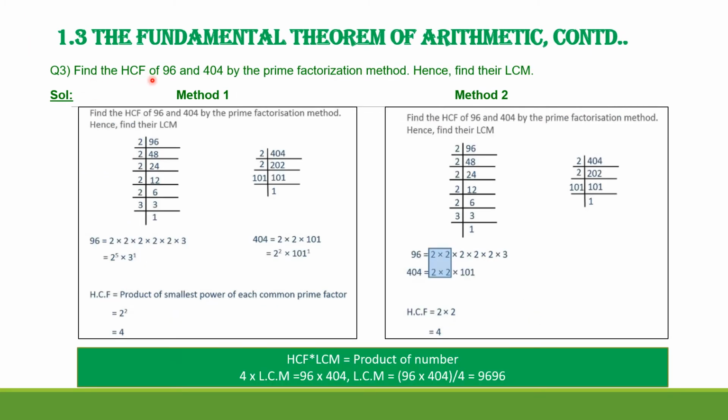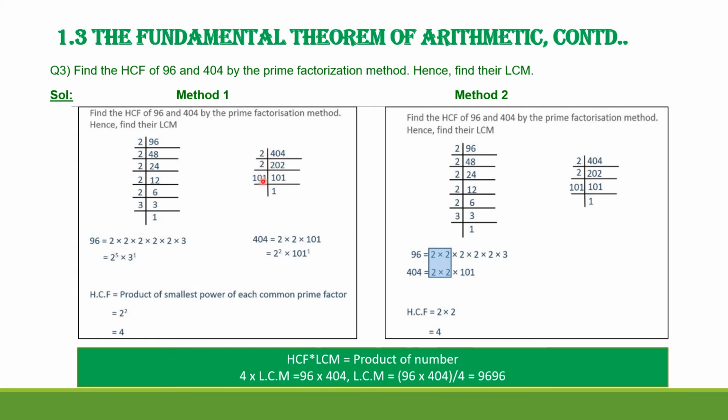Question 3. Find the HCF of 96 and 404 by prime factorization. Also, find the LCM. So method 1, as I said in the last example, you can find 96 and 404 by factorizing until you get 1.